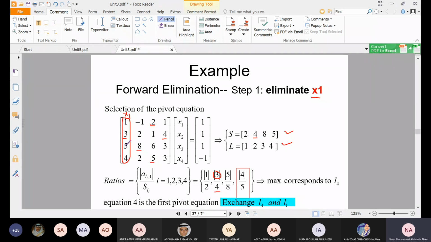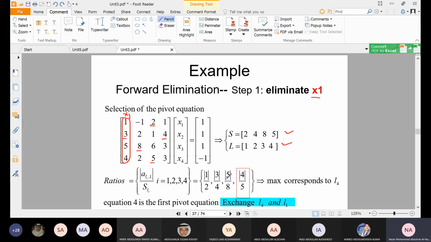For the third row, the coefficient in the first column is 5, and this will be over the maximum in this row, which is 8. And for the fourth row, I have 4 in the first column. I will take the ratio with respect to 5.